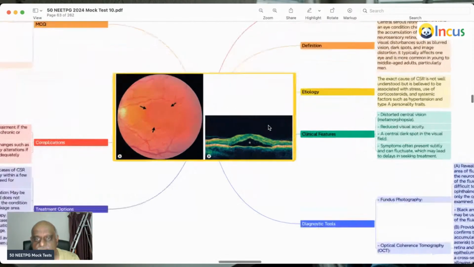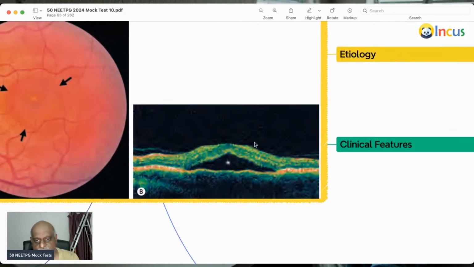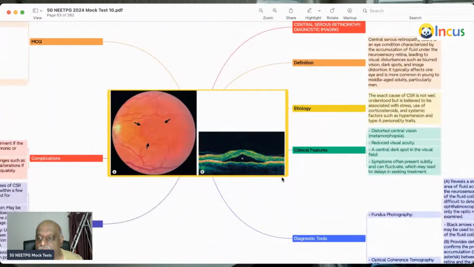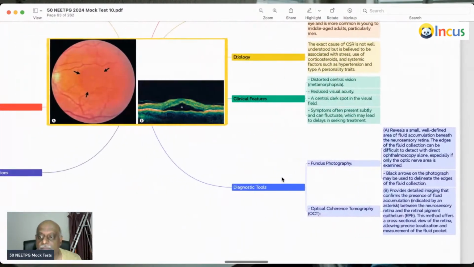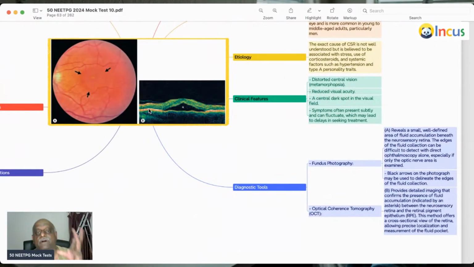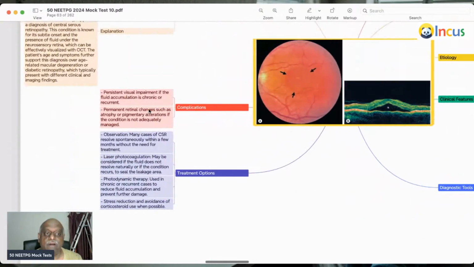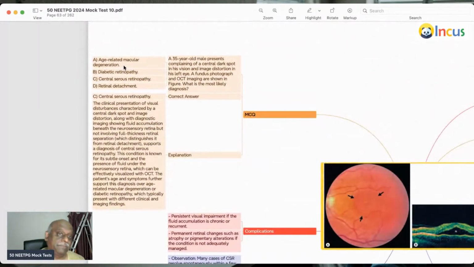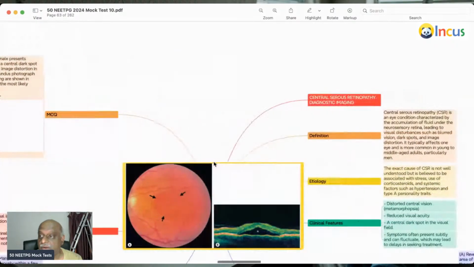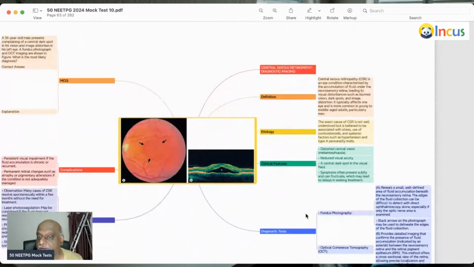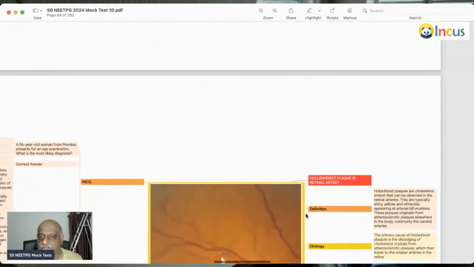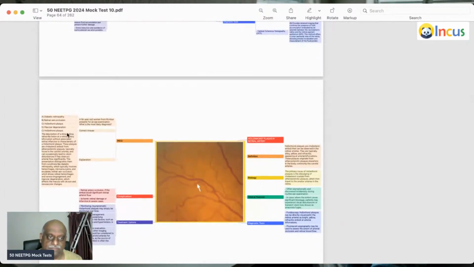Optical coherence tomography will provide the imaging that confirms the accumulation of fluid beneath the retina, beneath the retinal pigment epithelium, which defines central serous retinopathy. So I leave the literature for you. What is the etiology, clinical features, and how do you evaluate?